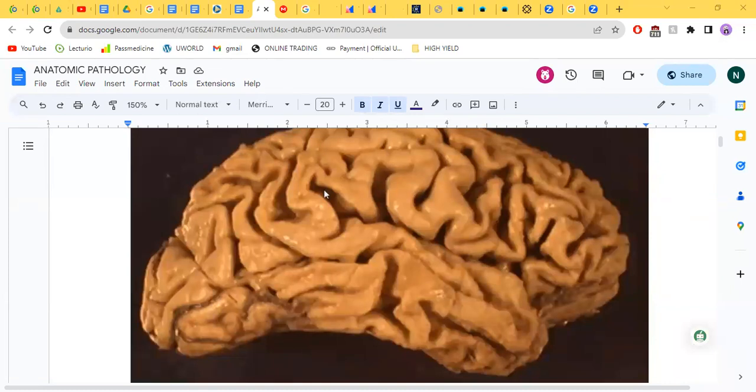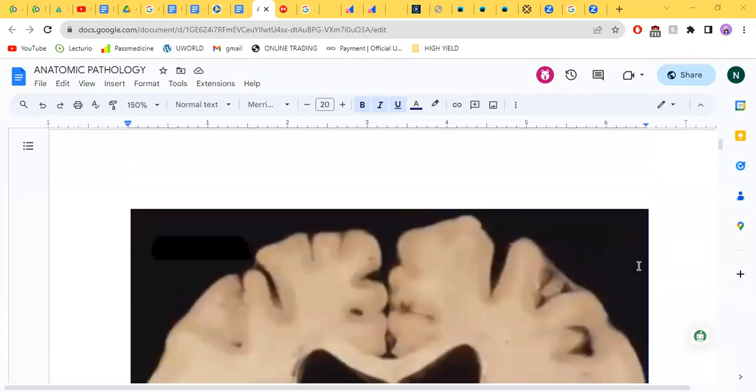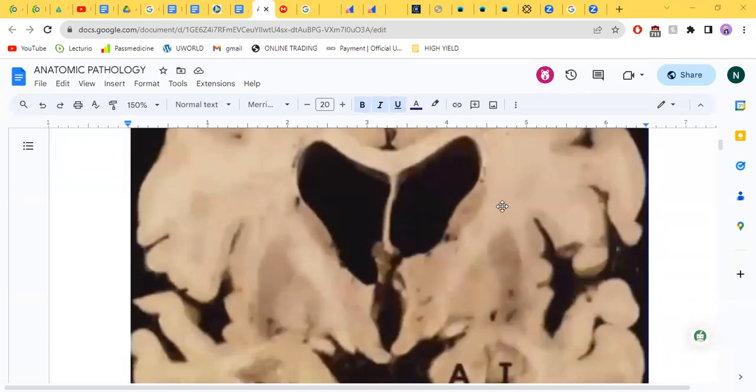Let's move down. Now, what will have happened? Yes, knife edge. Maybe someone can describe what can be seen in this picture before we are shown the answer. Widened ventricles.